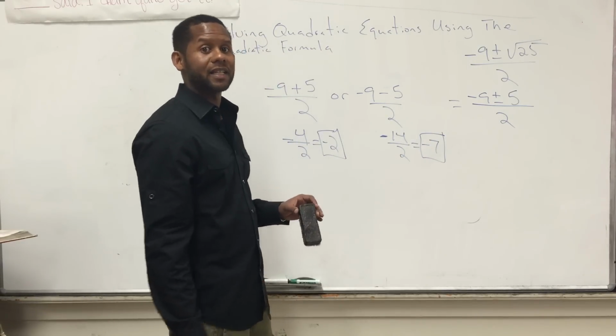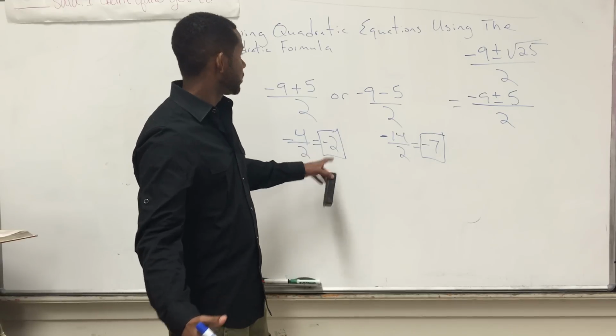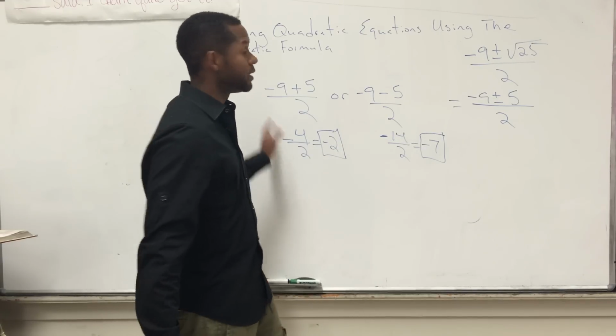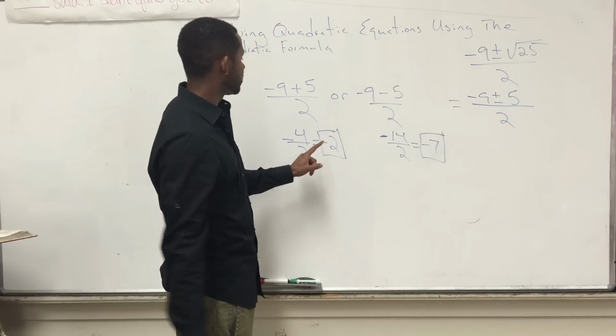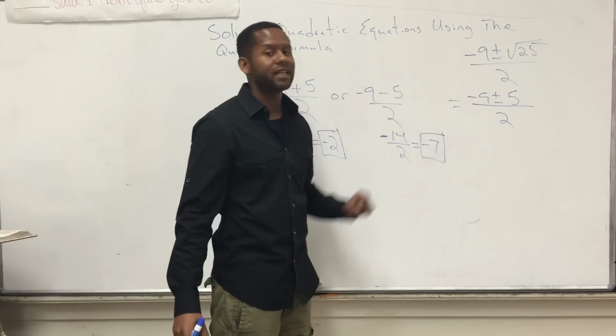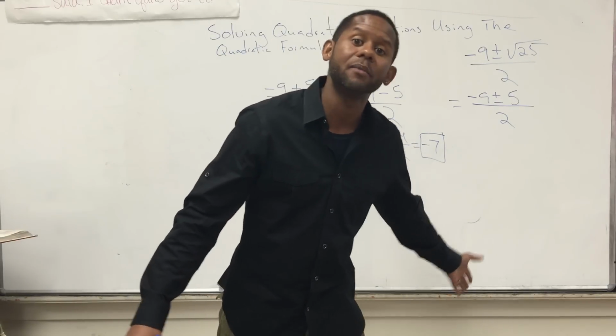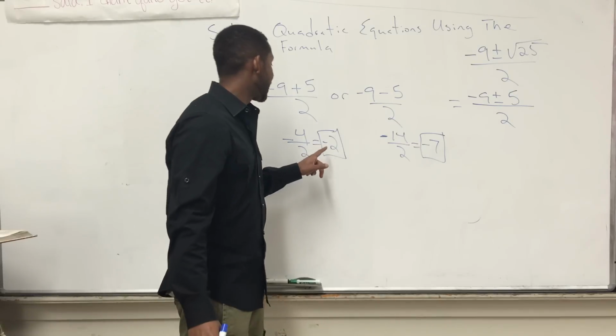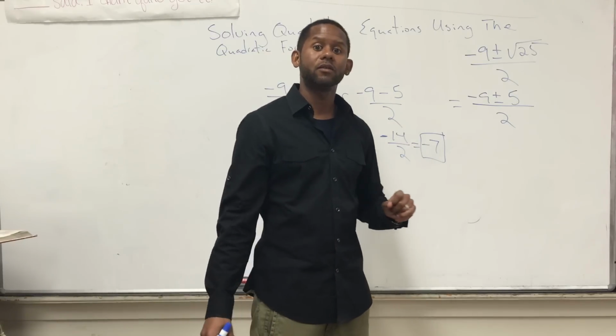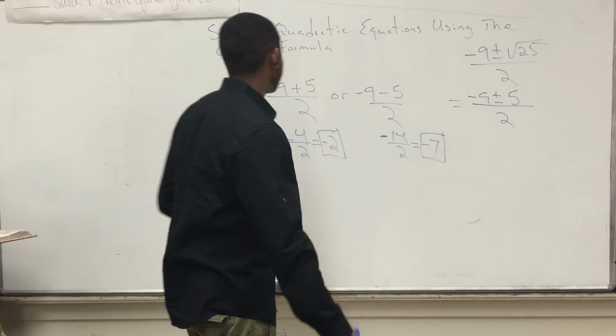Here is my second answer. So the quadratic formula just told me, through all that work, that my two zeros are negative 2 and negative 7. My x-intercepts of this quadratic equation are at negative 2 and negative 7 when y equals 0.